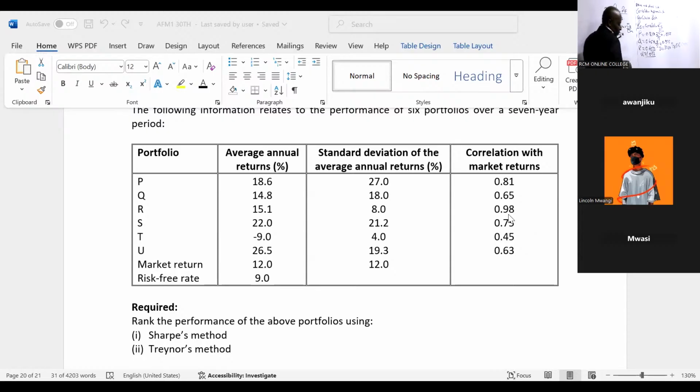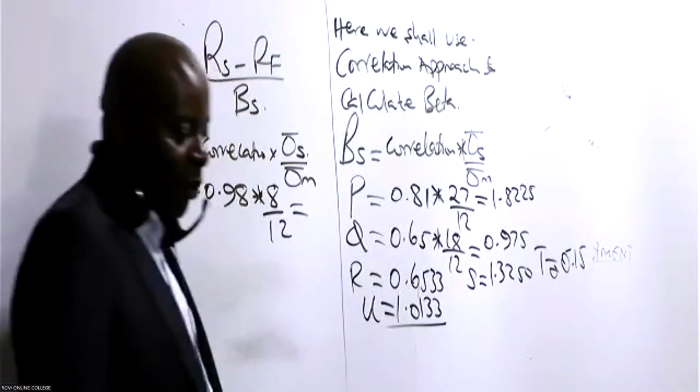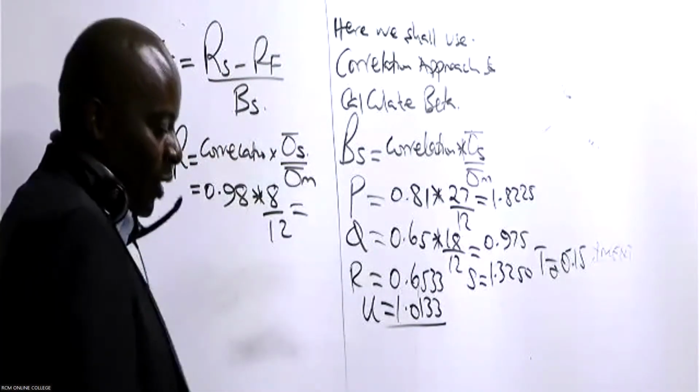How about the standard deviation of that security, R? Are you able to see it is 8? Divided by 12, Maslin, how could you get even a negative number? We shall overcome. I hope now you are okay, Maslin, with how we got that 0.6533.